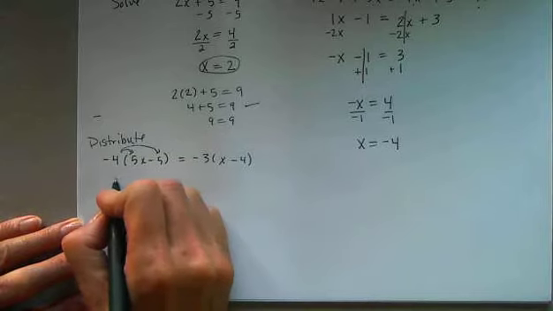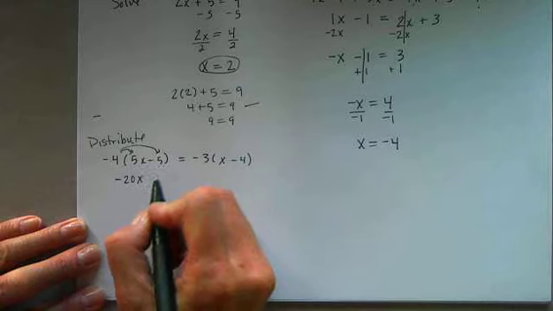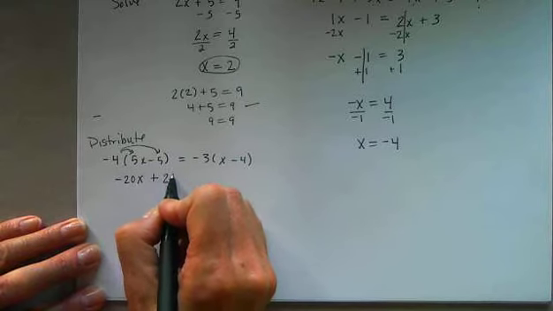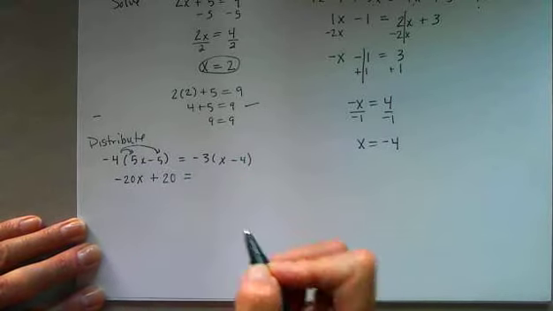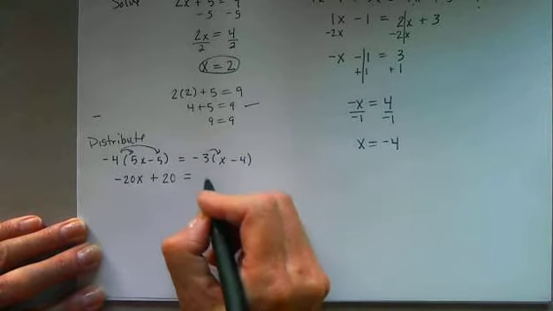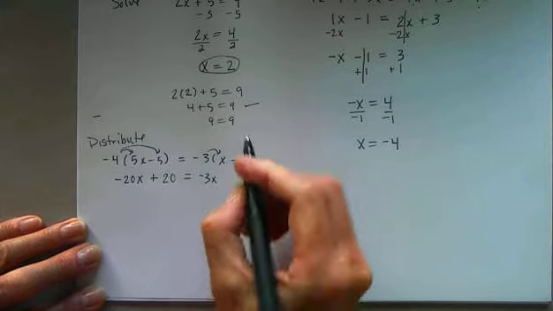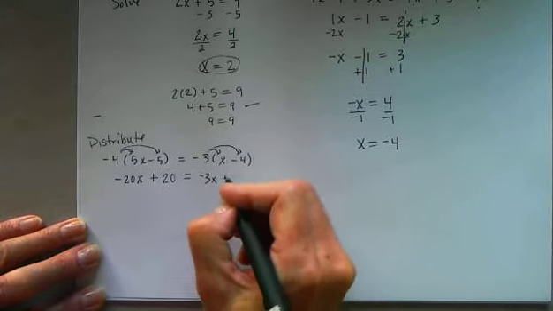So -4 times 5 is -20x, and -4 times -5 is now +20. And so don't forget that. Same thing over here. I'm going to go -3 times x, which is -3x, and then I'm going to go -3 times -4, which is +12.